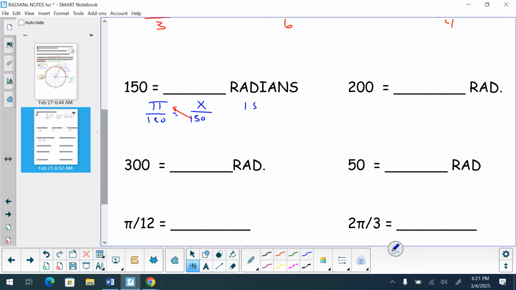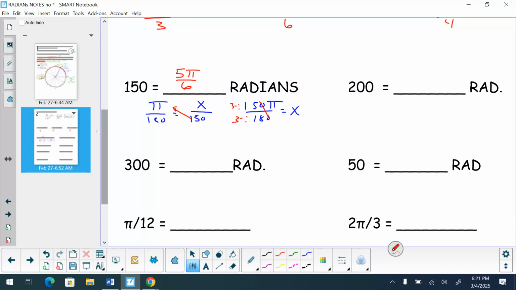We have 150 pi over 180 is equal to x. And we can reduce this fraction down, take out your zeros. 15, we can take 3 out of top and bottom. So we have 5 pi over 6. You can also type into your calculator 150 divided by 180, hit your math button, hit enter, and it will give you your 5/6. You can have 5 pi over 6.